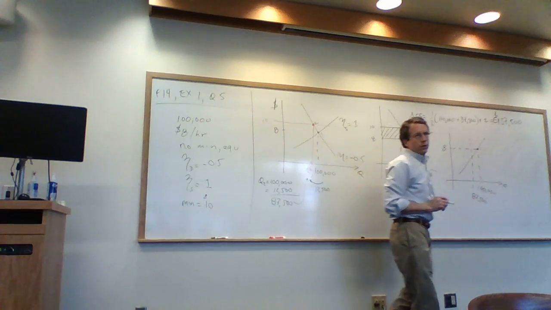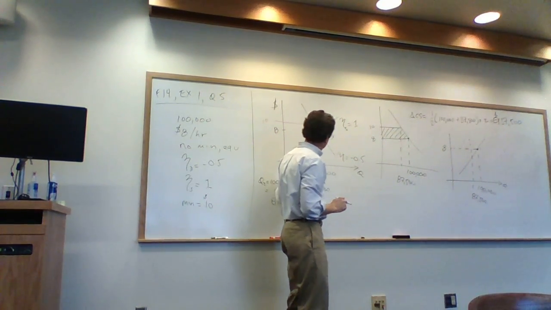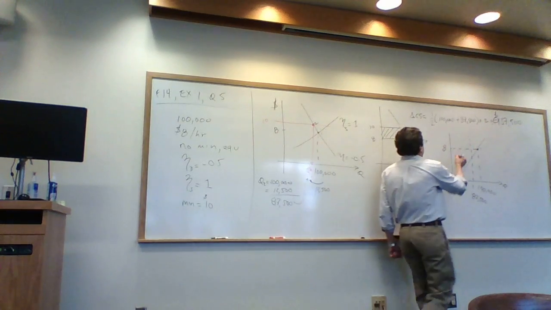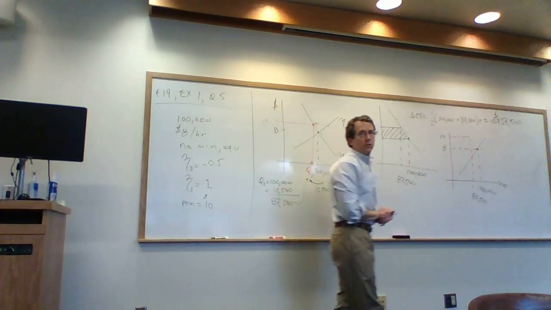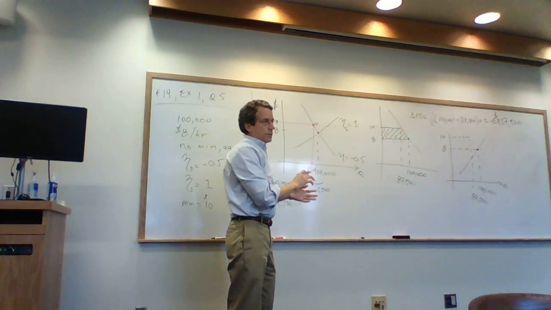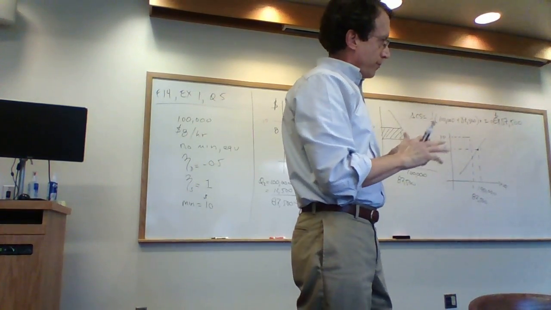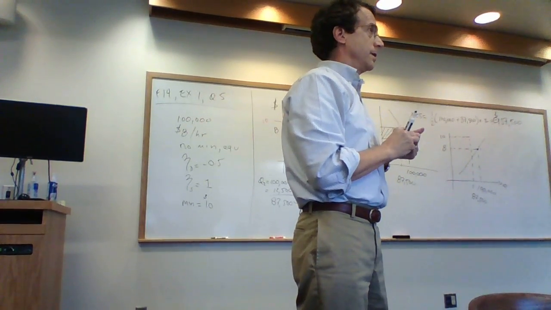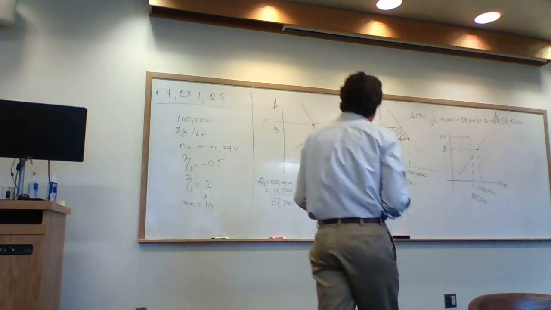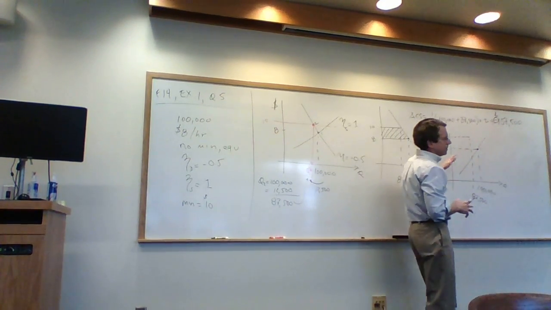The new Q is 87,500 people. That's what we found here. And the amount they're paid is 10. Okay. So price control problems, both price ceilings and price floors, always have this complication that one party has a very straightforward change in surplus. The other one is a little bit involved.